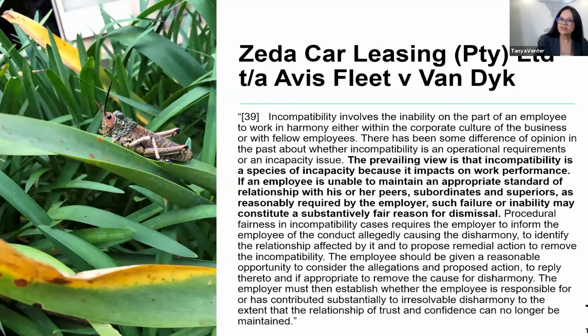And this case concerned 2 managers who had a relationship that was highly conflictual. They were in the same department, they dealt with each other, but their relationship itself was highly problematic.